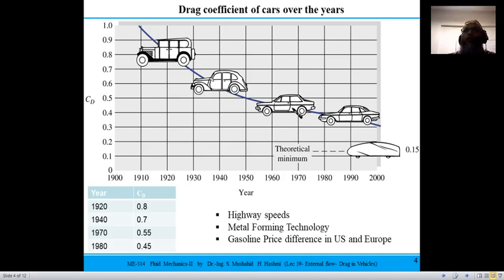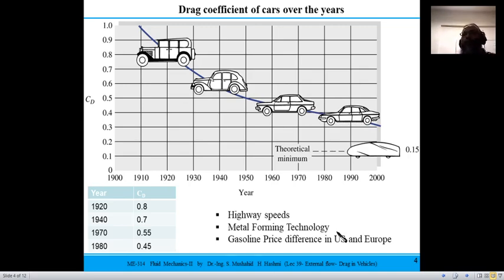The drag force becomes significant once vehicle speed reaches some high value, and on highways in some countries in the world there is no speed limit. Once you are moving at a very high speed, the drag force becomes significant, so that is one of the factors which forces manufacturers to improve the drag coefficient.